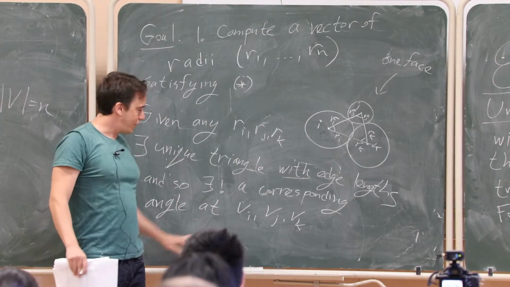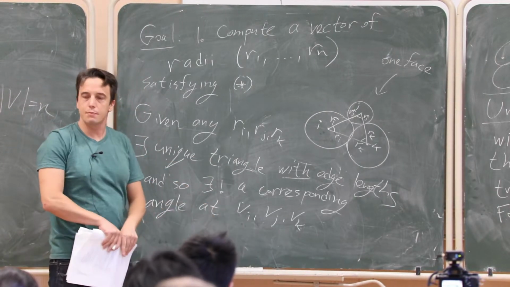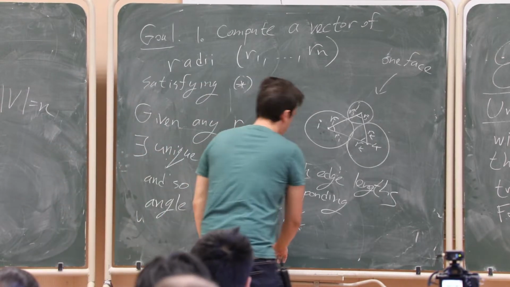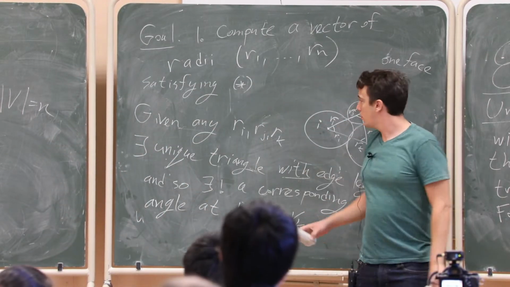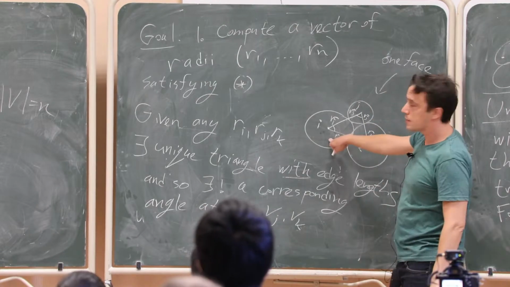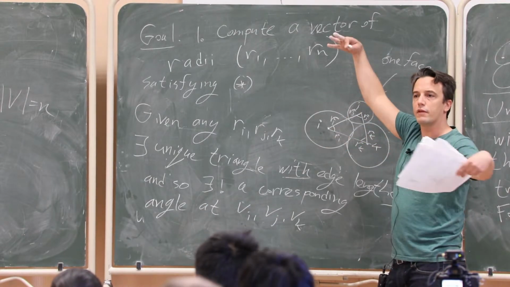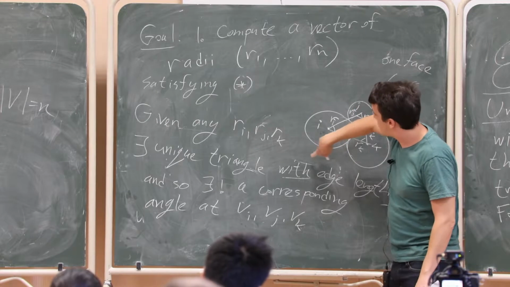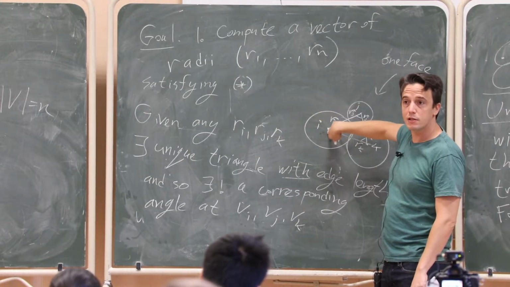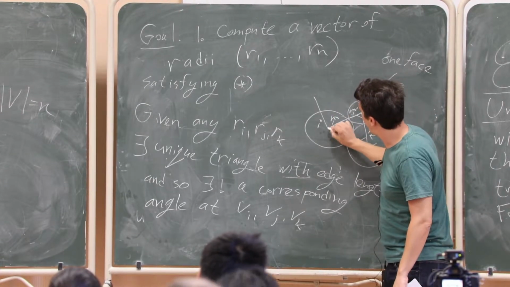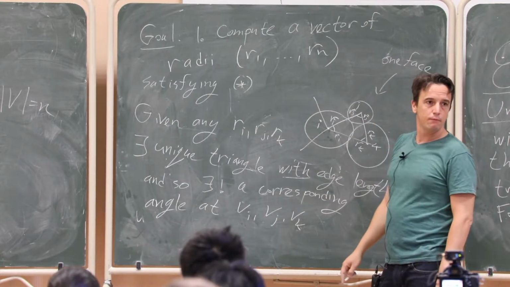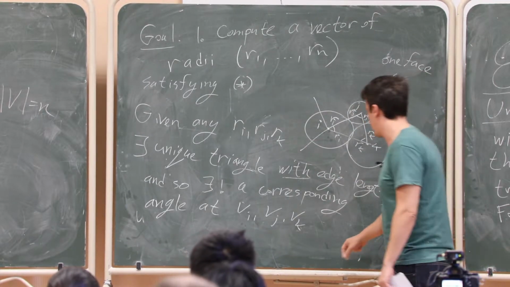Even without a good choice of radii, we have these angles. But if the vector of radii corresponds to a circle packing, and this is a vertex that is not one of the outside vertices, then it has to be that the sum of angles at each vertex is 2 pi. So this is the condition that we want.